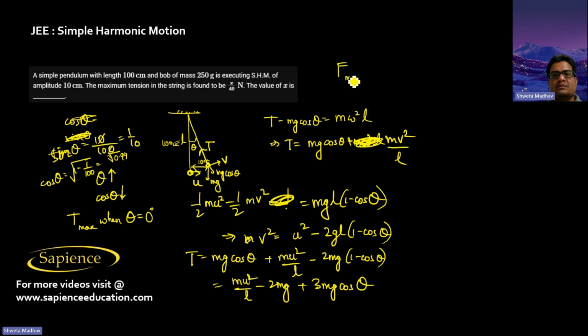You can say maximum tension means maximum force. T cos theta is mg, and T sin theta is k into a.